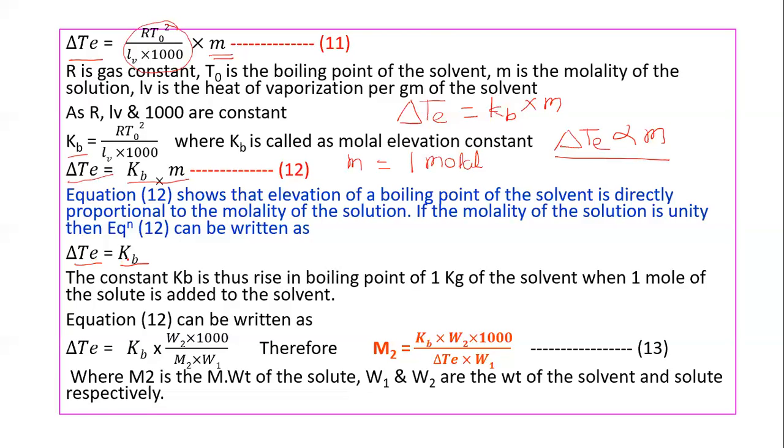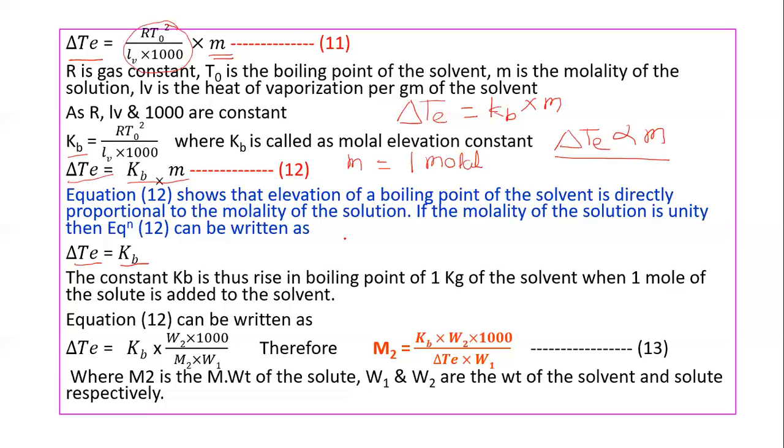Suppose we have taken 1 kg of the solvent and 1 mole of the solute is added into the solvent, so whatever rise in boiling point of the solvent, it becomes equal to the molar elevation constant.